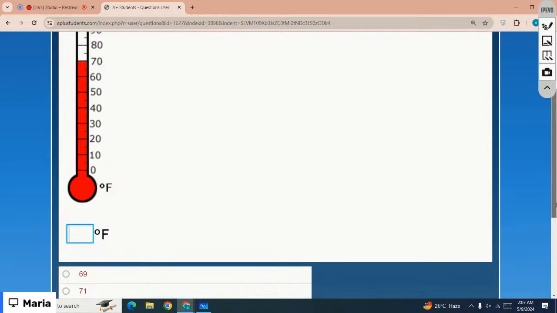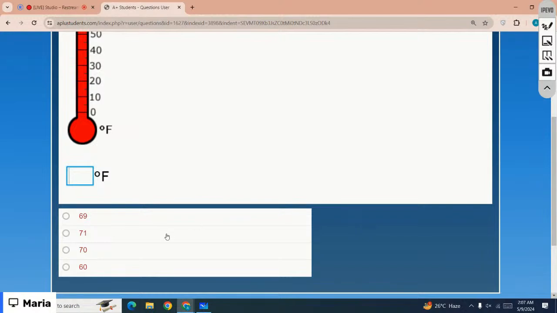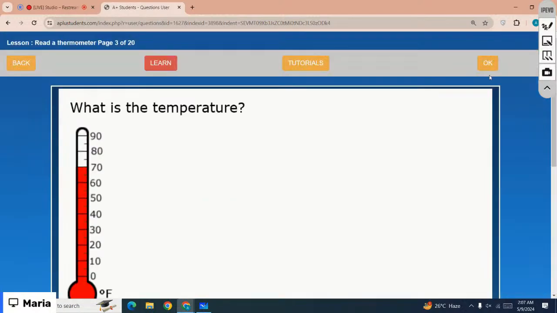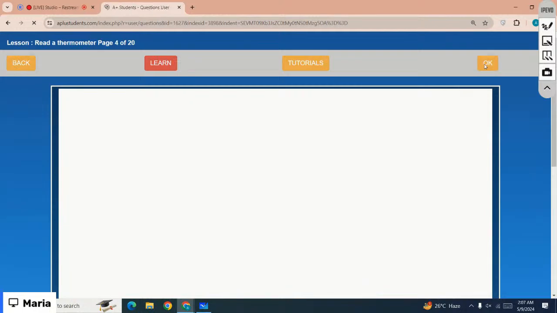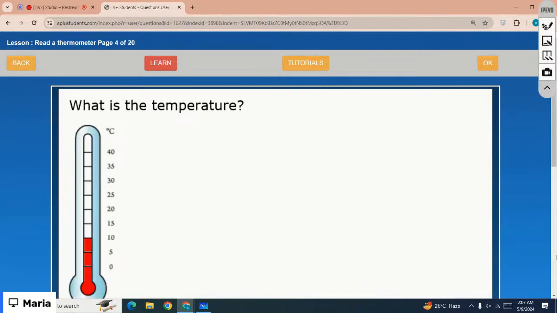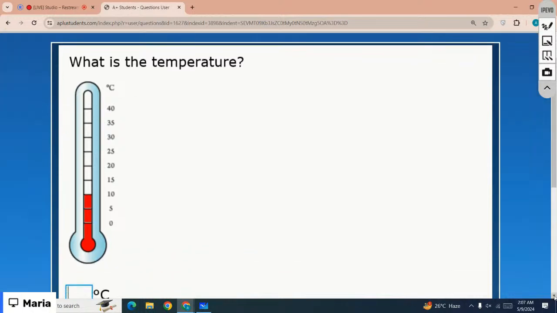That is 70 degree F. What is the temperature? Which is the correct option? Yes, that is 10 degrees C.